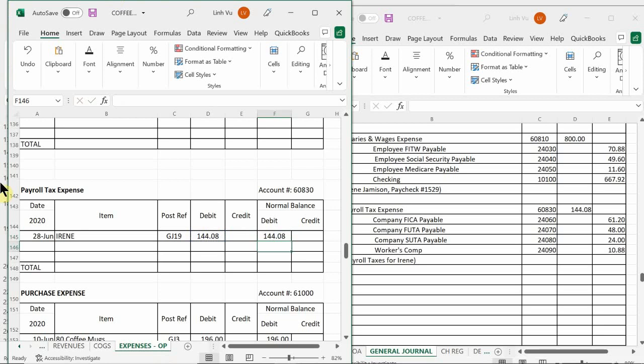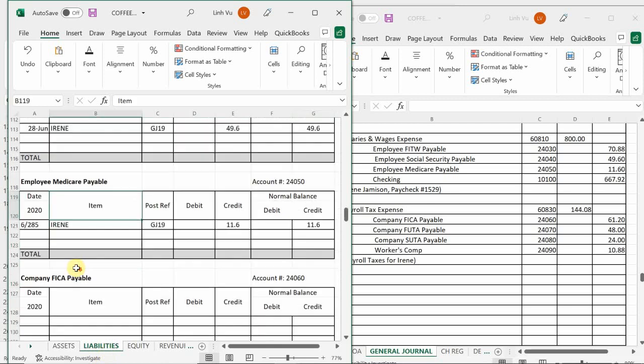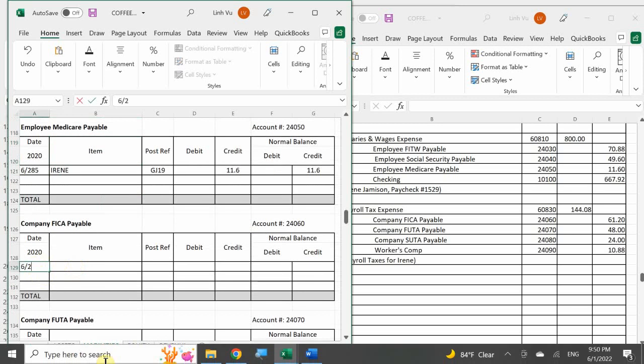And now we have to split that amongst all the federal and state taxes that the company is subject to have to pay. So starting with the first one, which is company FICA, Irene, which came out a total of $61.20. Oh, on the credit side, $61.20. Okay.